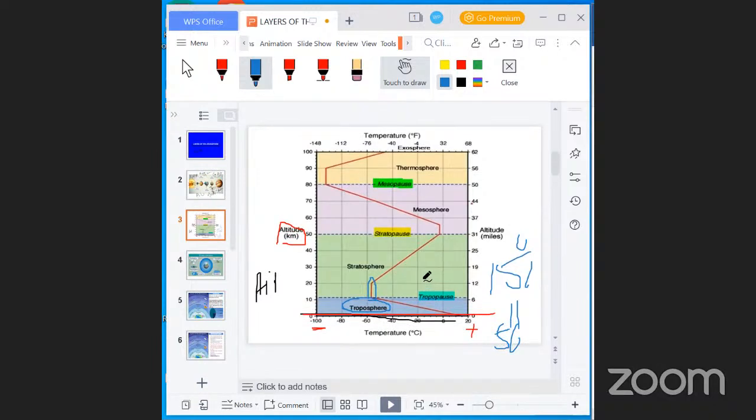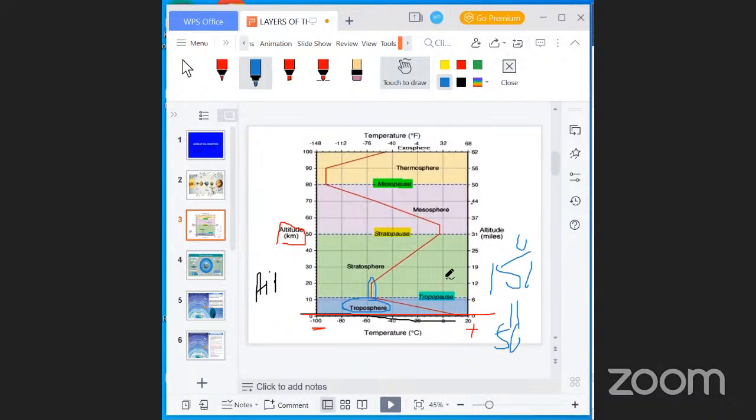So in this layer, the temperature decreases with height because the atmosphere is predominantly heated by the surface, right? So the further we are from the surface, the colder it gets, right?